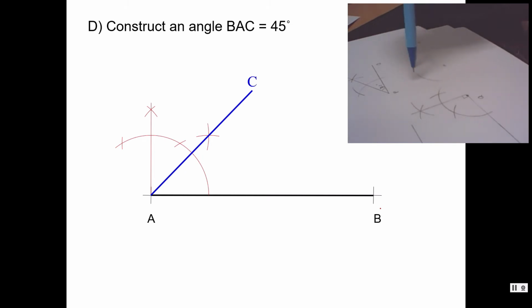From this point, draw another circle. Then you got these two circles up here, and then draw another arc from this to touch this to get the point here. We want to get the first point that is perpendicular to A, which is 90 degree. Then after that, what we can do next is to bisect it.